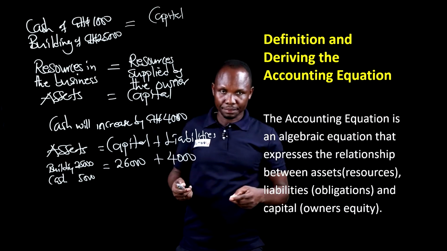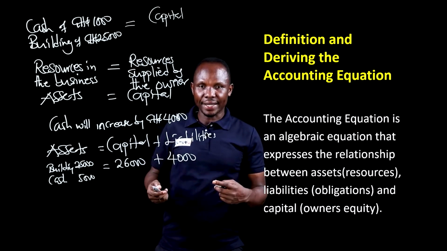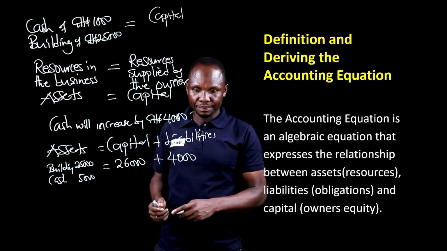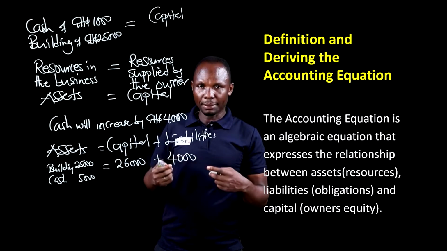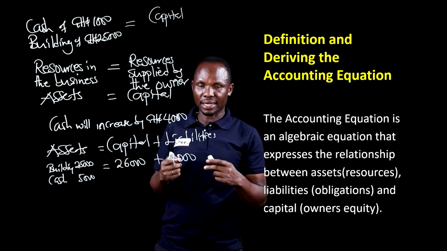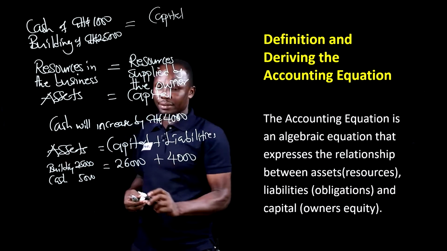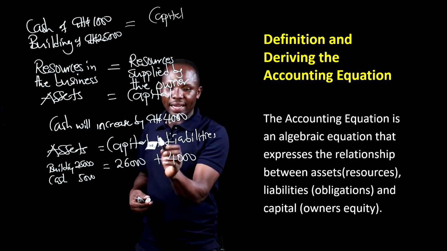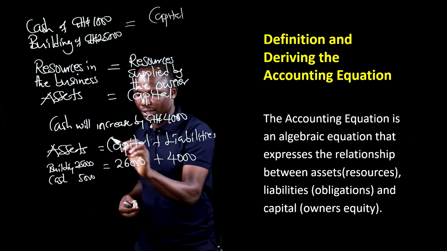So when the resources are being provided by the owner and third parties, the accounting equation becomes assets equals capital plus liability. So the assets are the resources, and the capital and the liabilities are the means of financing the resources.